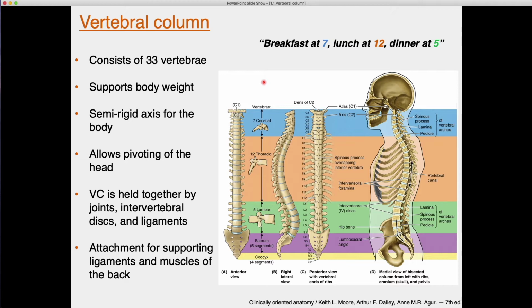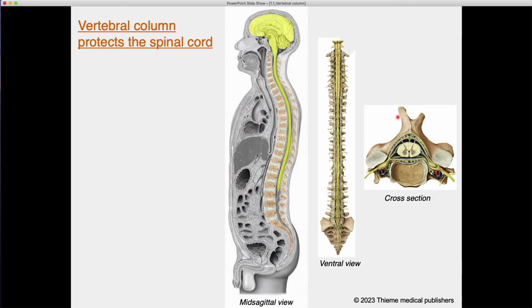So if we look inside, what's going to be inside the spine? So we have this vertebral canal, which is formed when we stack vertebrae on top of each other. What's inside there? So that's the place for the spinal cord. So the spinal cord is that amazing, precious thing that I was talking about earlier.